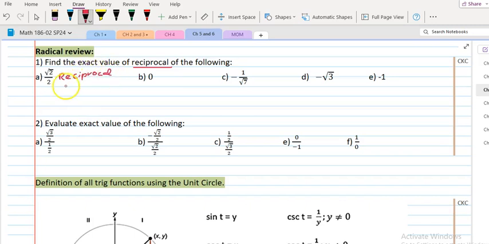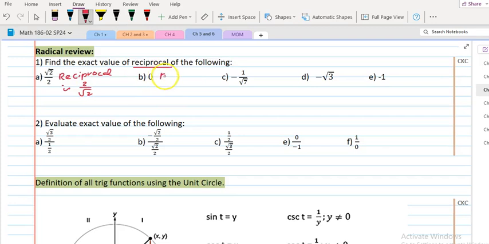The reciprocal of root 2 over 2 is 2 over root 2. Reciprocal means when you multiply them, they're 1. So basically you switch them over. You could rationalize it or you can just leave it that way. In trigonometry, very often we don't rationalize it unless they say it. So we could just leave it that way.